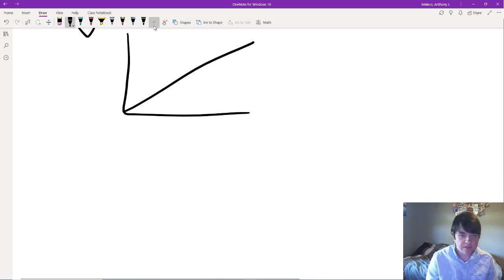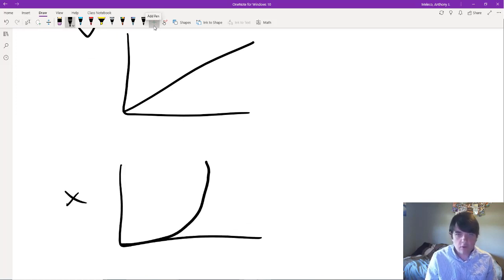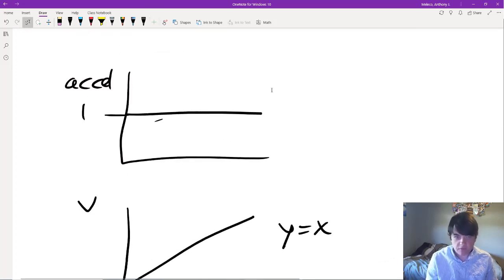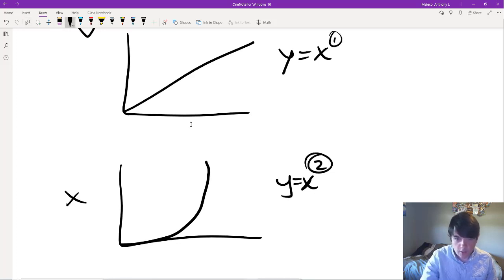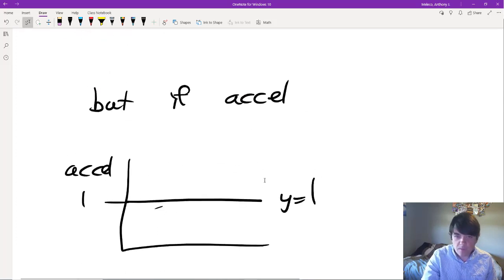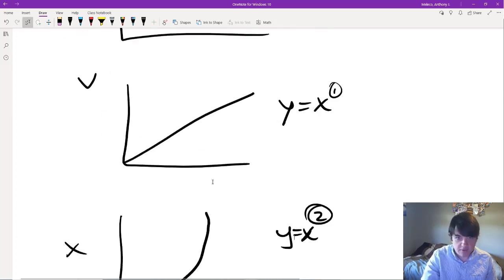And then position would look like this. So this is y equals x for the line. This is y equals just a value. It's the slope. And this is y equals x squared. So see, this is an understood x to the 1. It goes up to x squared, if acceleration is just a constant value like this.